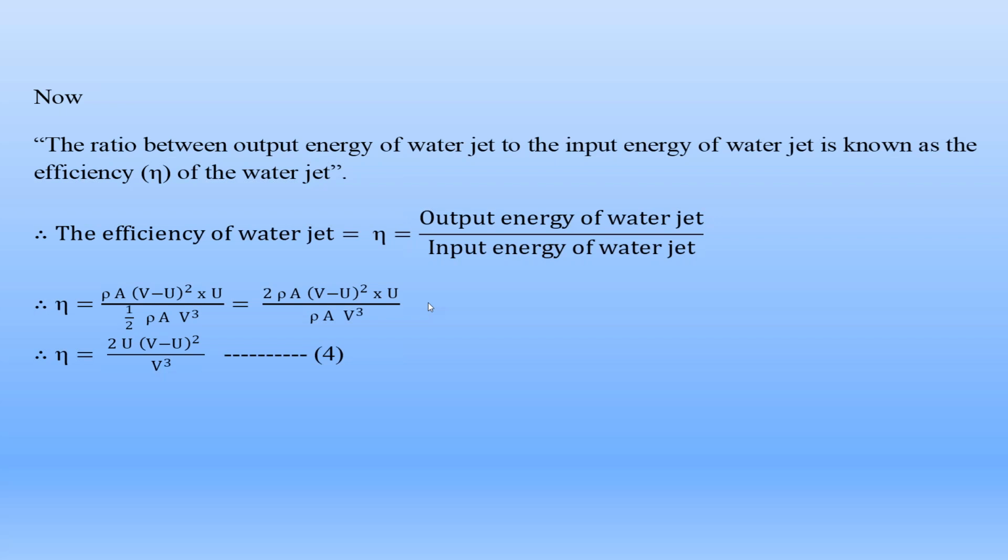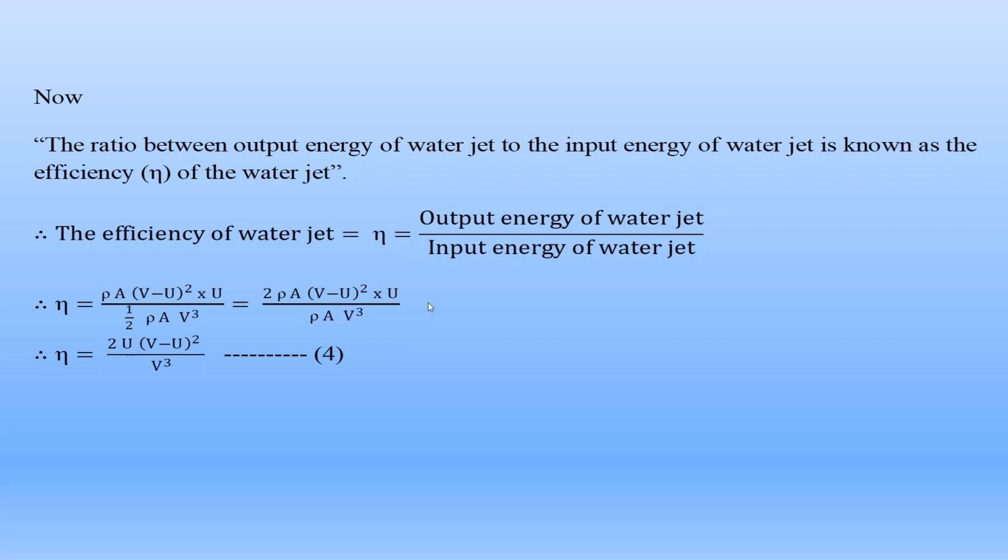As per equation 4, the efficiency of the water jet depends on the absolute velocity v and also the absolute velocity u. We consider the absolute velocity of the water jet v as constant.